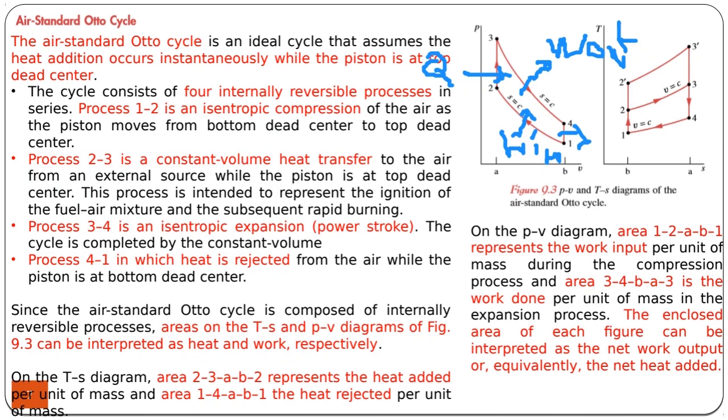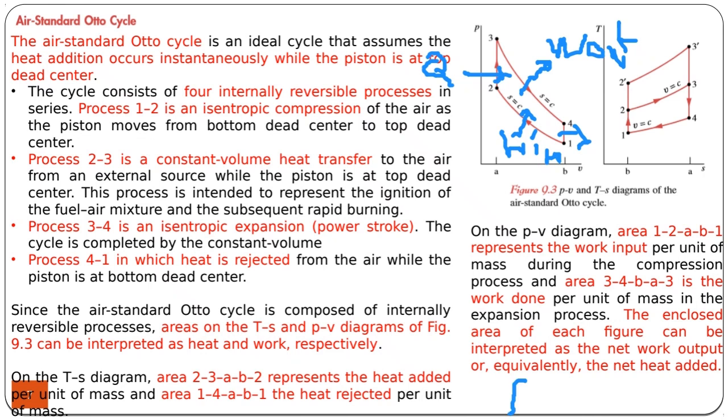Here you can see that if it's possible to increase the compression amount, so if the pressure at 2 is brought to 2 prime, then 3 prime will be larger also, because the area inside this TS diagram is the total Q, which is also equal to the total work.